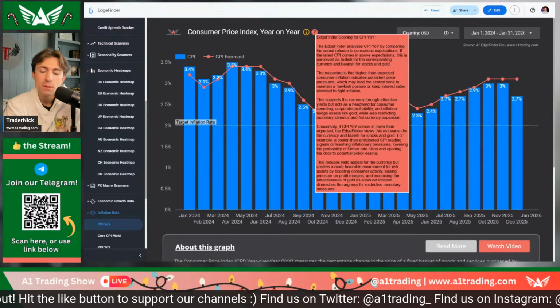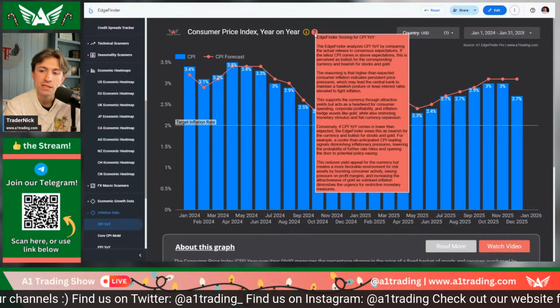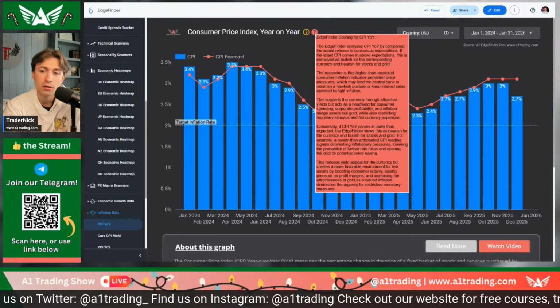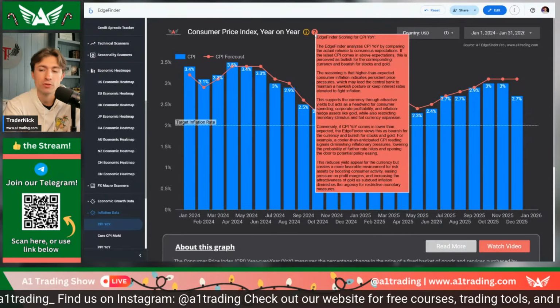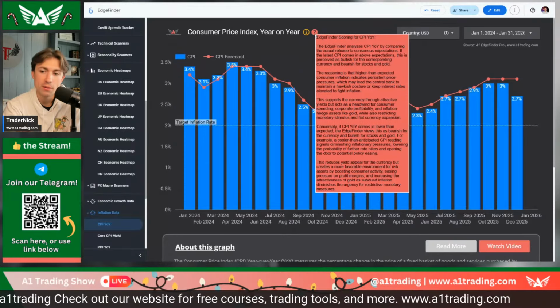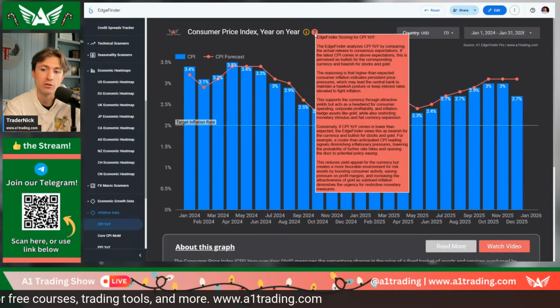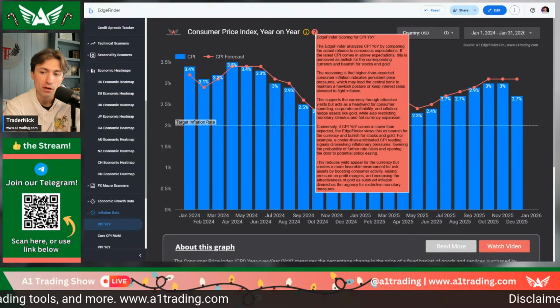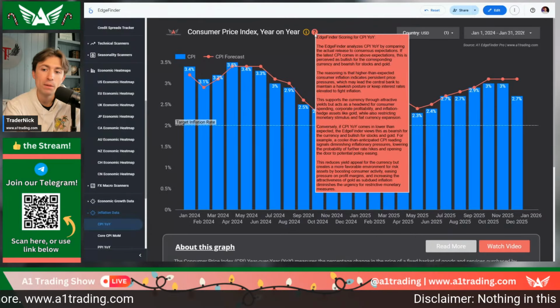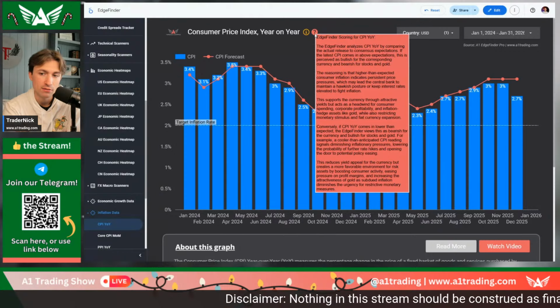Conversely, if CPI year over year comes in lower than expected, the EdgeFinder views this as bearish for the underlying currency and bullish for stocks and gold. For example, a cooler than anticipated CPI reading signals diminishing inflationary pressures, lowering the probability of further rate hikes and opening the door to potential monetary policy easing.